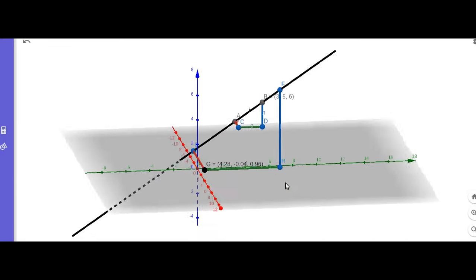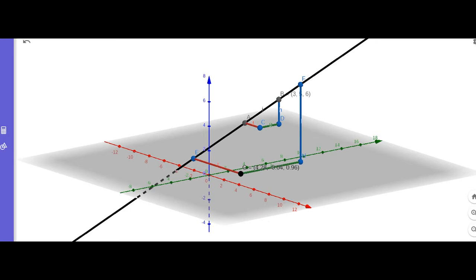So I think the graphics are enough for you. Okay, now let's go to the topic. So what I am trying to convince you here is a very simple concept. In 3 dimension, if you have a line and if you take any 2 points on the line, you will be able to see projections parallel to the x-axis, projections parallel to the y-axis, and of course projection parallel to the z-axis.